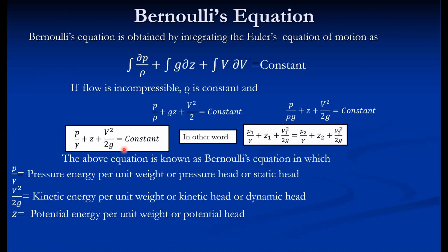So Bernoulli's equation is nothing but the addition of three types of energies: pressure energy, potential energy, and kinetic energy. These energies are expressed in terms of head, because the units of all the terms in this equation are meters. That's why these are called heads.